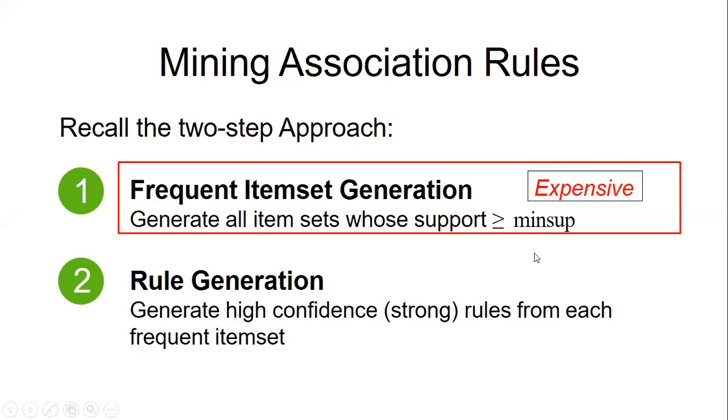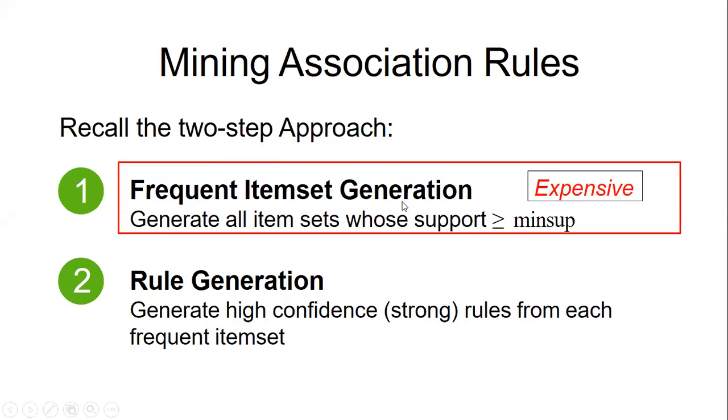Now let's move on to the FP growth algorithm. Before that, I just want to recall a few things, that is mining association rules. It consists of a two-step approach. The first step is frequent item set generation.